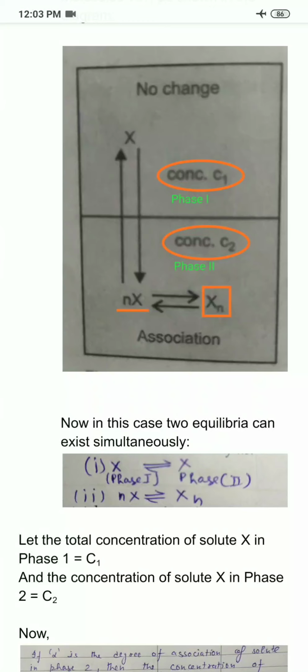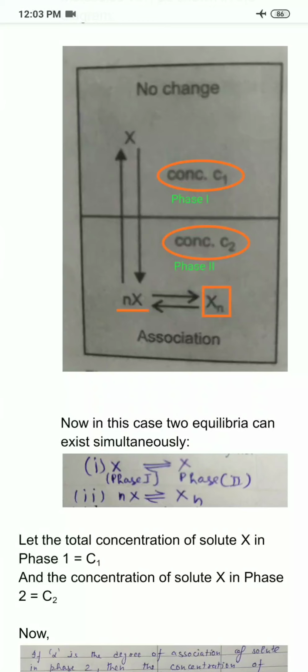So different cases are: case 1, if solute undergoes association in one of the solvents. Case 2 is if solute undergoes dissociation in one of the solvents. Here association means that solute is combining with one of the solvents, and in the second case dissociation means that solute is breaking into two parts in any of the solvents.